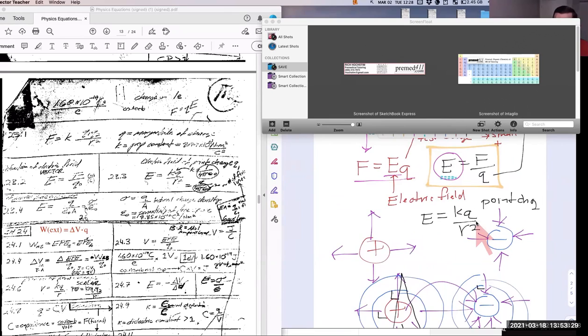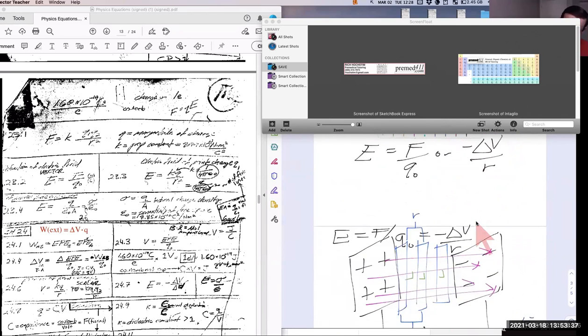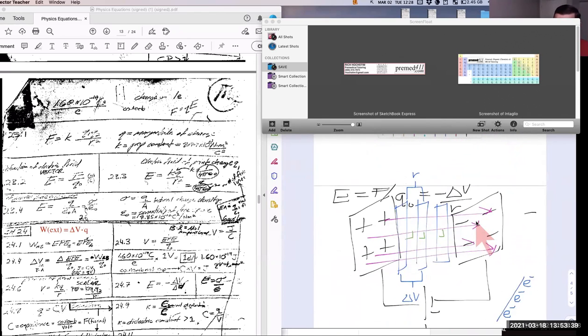So this equation over here doesn't work when we have something like this, because that's not a point charge, that's different. So we wouldn't be able to use that equation here, but we would be able to use this equation, and we would be able to use this equation. But the other one is just for a point charge.